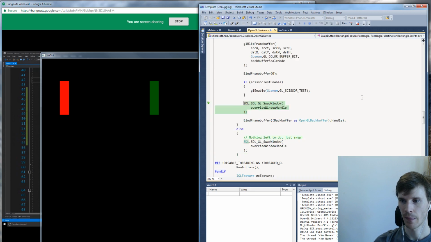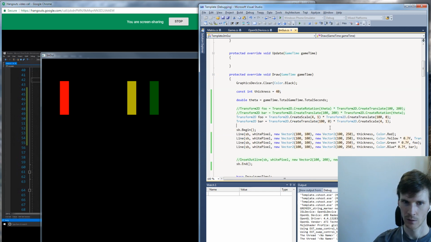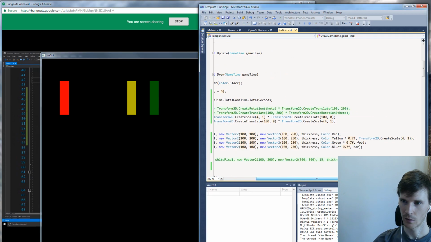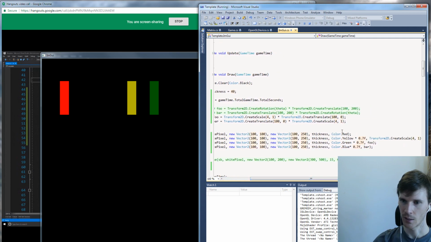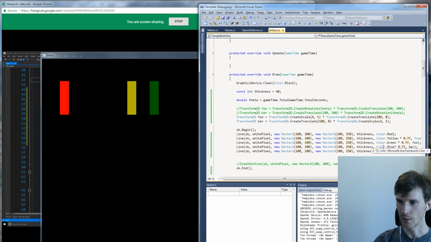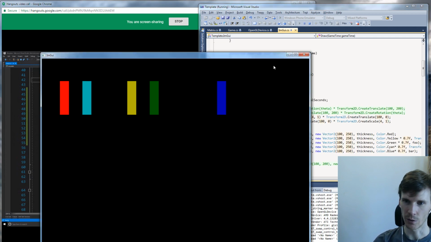What we can do to demonstrate this is, foo is doing the scale first and then the translation, and bar is doing the translation and then the scale. Why it's confusing is we're doing two steps at once.